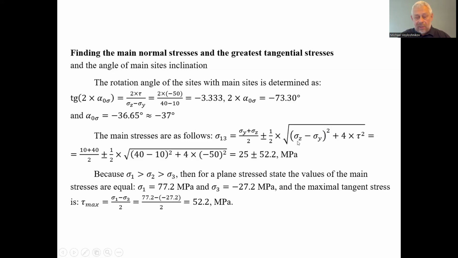So this is a positive result, plus 4 multiplied by tau squared. So the main normal stresses are 25 plus minus 52.2. With a plus, sigma 1 is 77.2. With a minus, we have minus 27.2.